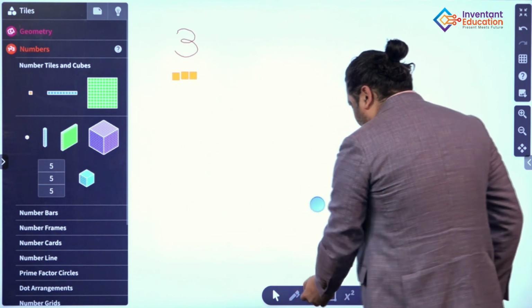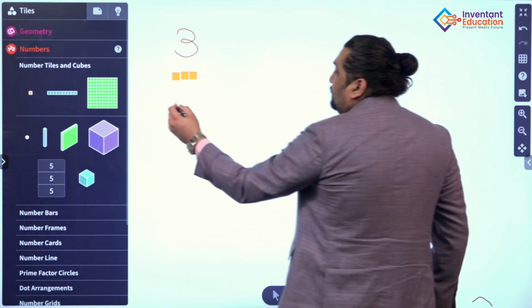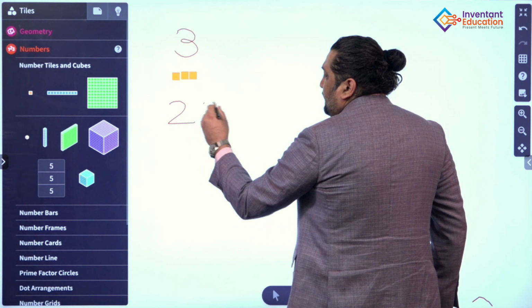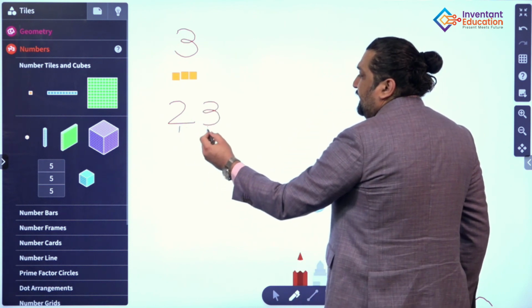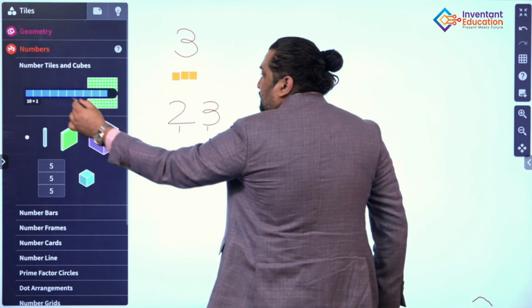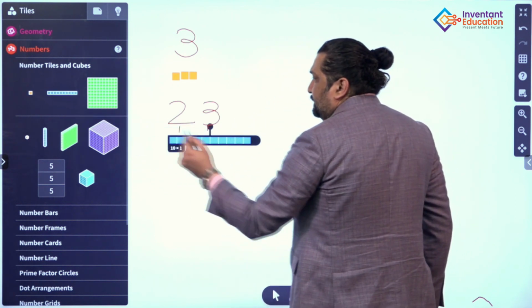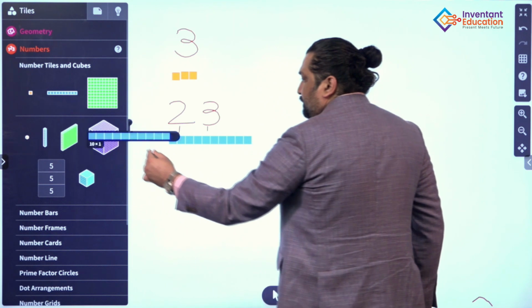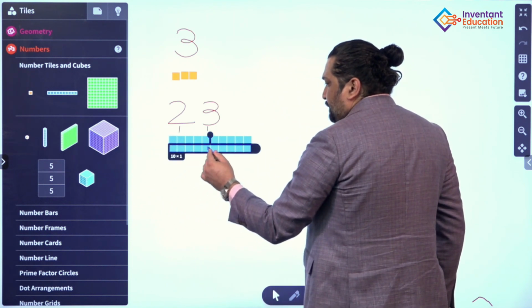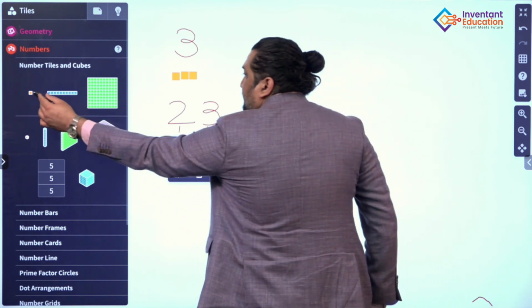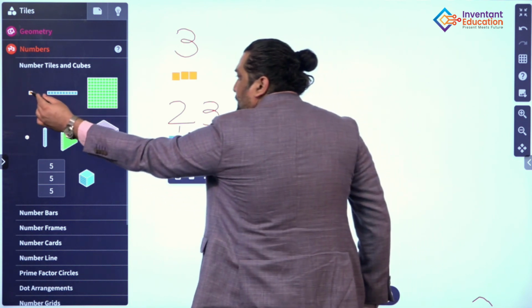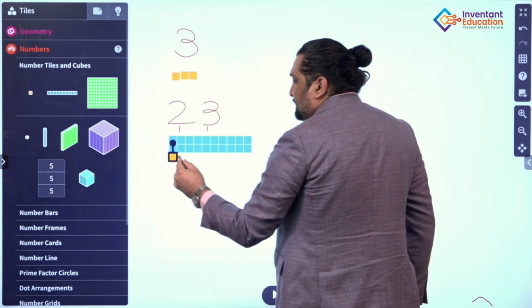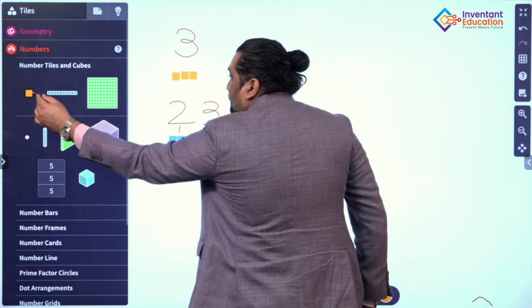Now, if we want to show number 23, I have to take 2 tens and 3 ones. So we can have 2 tens here, and with that I will take these 3 ones.